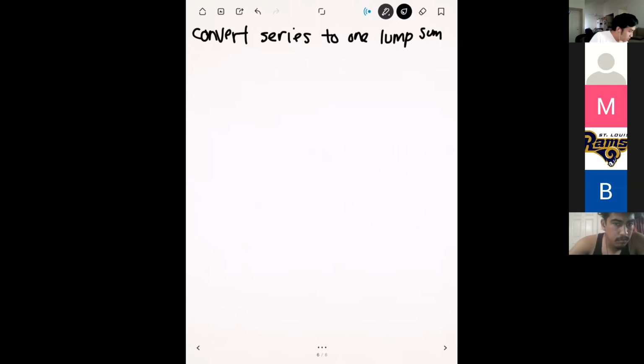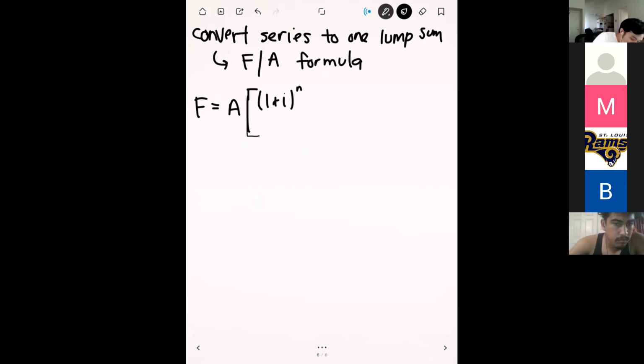To do that, we can use our F given A formula, because we have a uniform series, which is A, and then we want to convert that into one single lump sum in the future, which is F. So our formula looks like this: F is equal to A times (1 plus i to the n, minus 1), all divided by i.